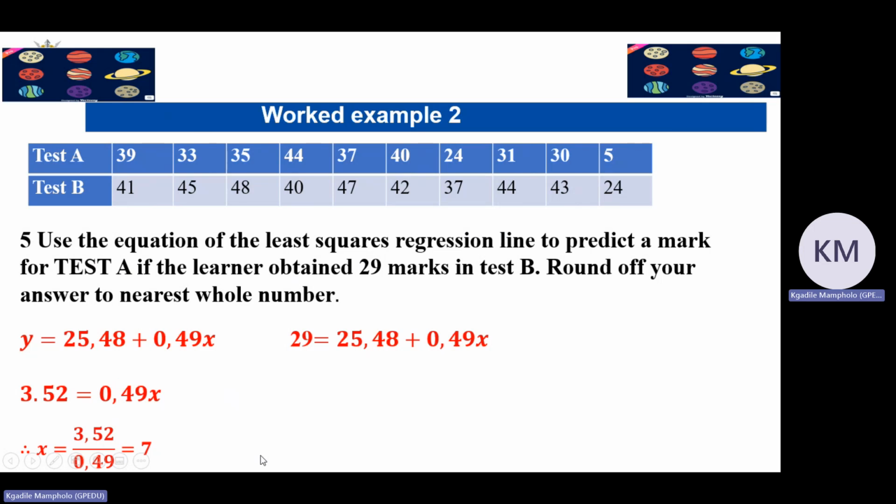So it means that if you get 7 in test A, you possibly get 29 in test B. Remember, it's a predicted mark. But in this case, you don't just look at the graph and predict. You calculate using the equation of the least squares regression line, or the line of best fit.